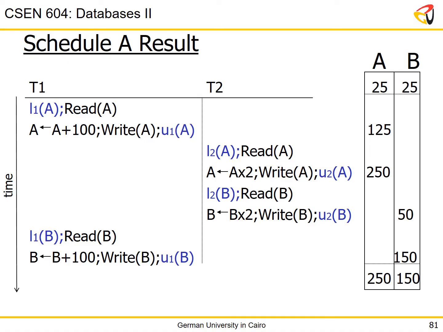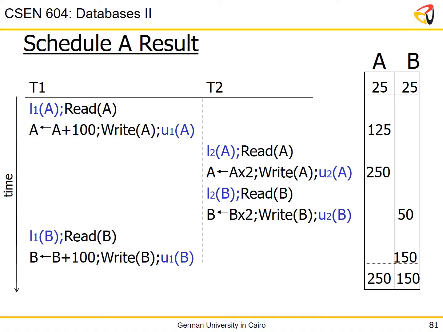So when T2 is running after the context switch, it was multiplying by 2 the 125 in A's case, because we've added 100 to A successfully, but we didn't have a chance to actually add the 100 to B, because we were running T2 all from beginning to end, so we multiplied the 25 by 2. So it became a 50, and then when the context switch happened back again to T1, I added 100 to B to become 150.